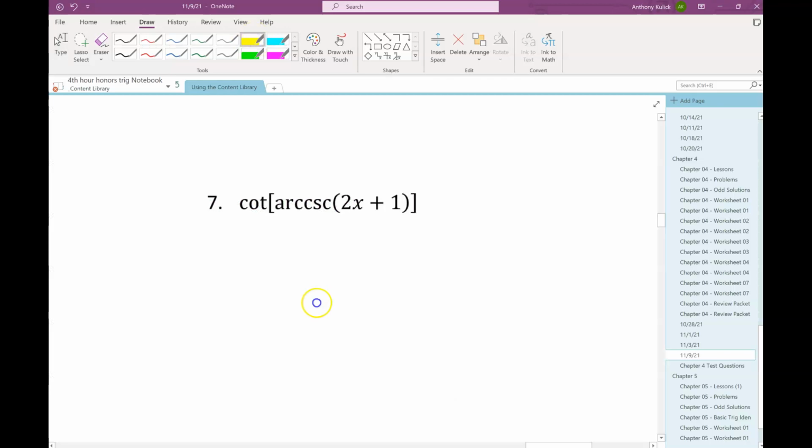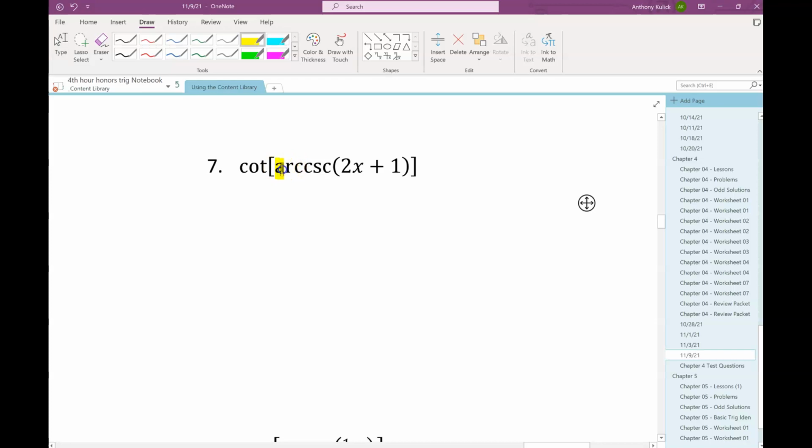On these kinds of problems, we always want to work from the inside out. So arc sine of 2x plus 1 is going to give us a value for theta, right? It's going to give us an angle measure, which is equivalent to saying we need a theta such that sine theta is equal to 2x plus 1.